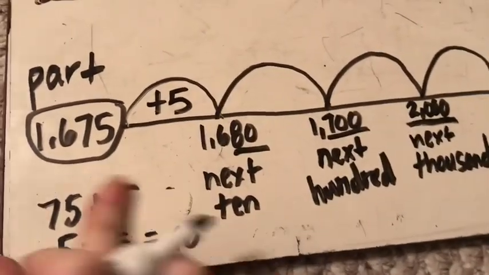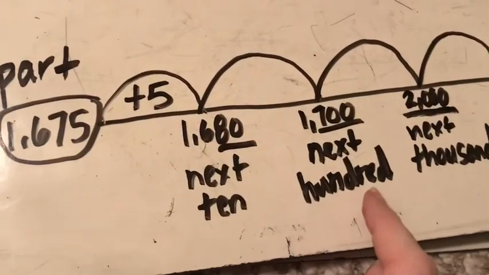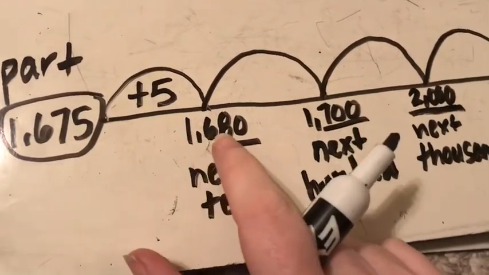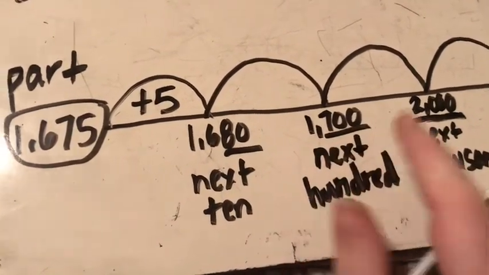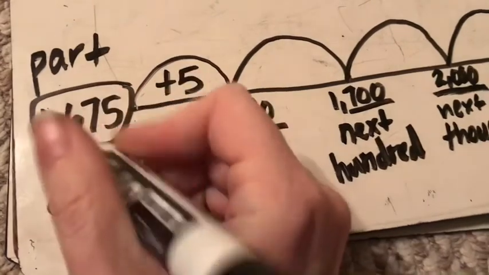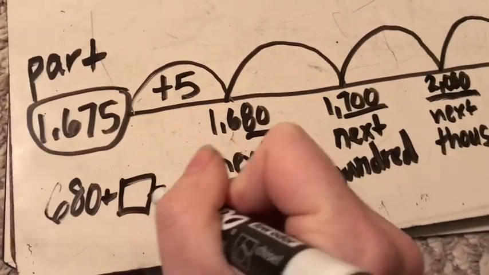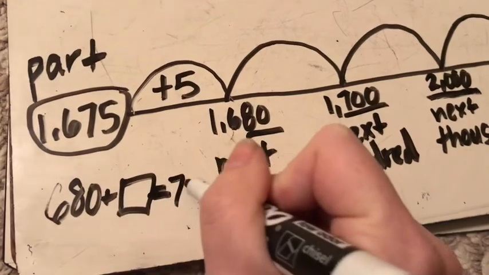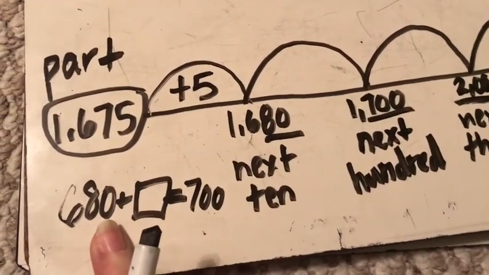All right, so now that I am at my next 10, I need to work to get up to the next 100. So I'm at 1,680, and I need to get to 1,700. So I'm at 680, and I need to add on to get up to 700. Now I could add on by ones, but that's going to take a long time.